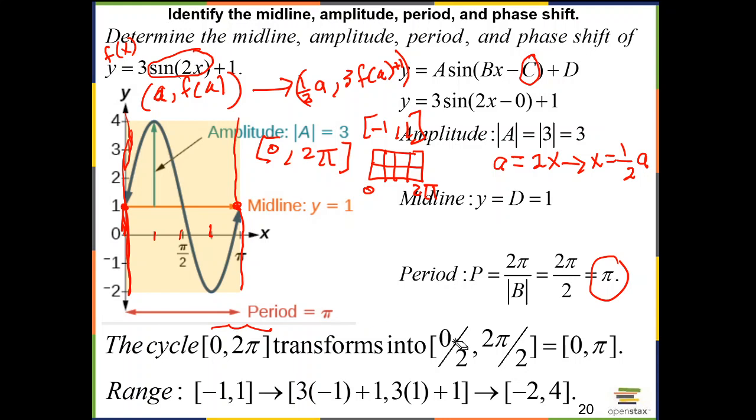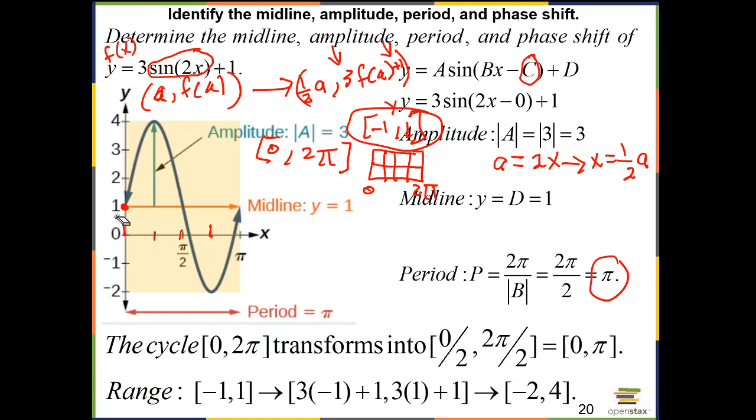So 0 divided by 2 is 0. 2 pi divided by 2 is pi. So 0 to 2 pi goes to 0 to pi. And what happens with these y values? Well, the y values are multiplied by 3 and add 1. So 3 times negative 1 plus 1 is negative 2. What's 3 times 1 plus 1? 4.